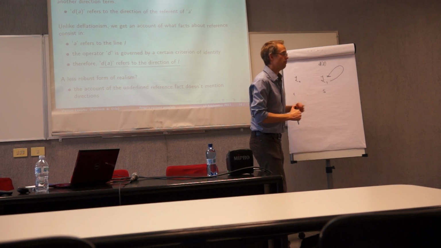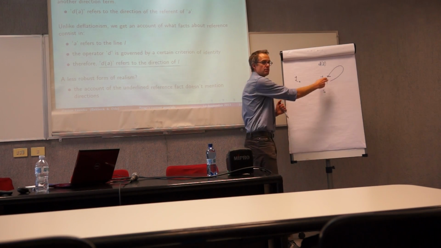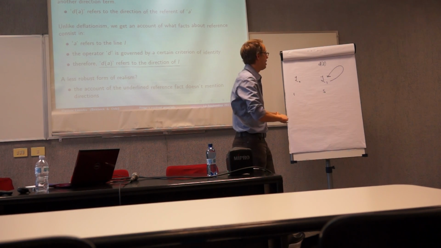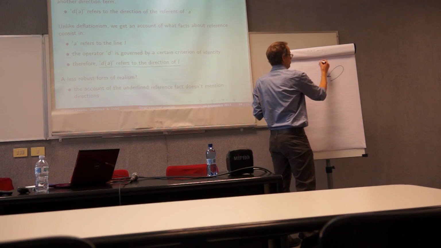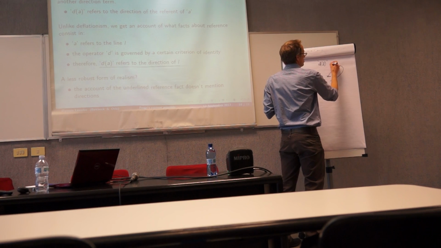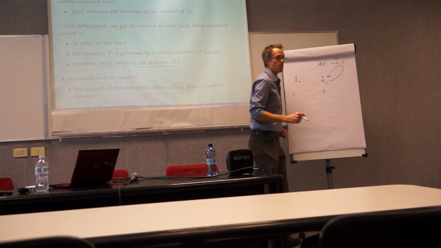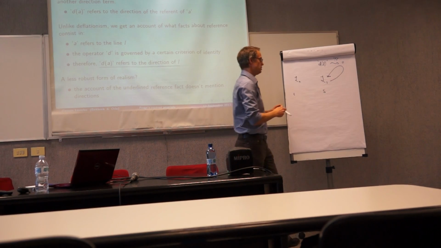And then it's permissible for them to use all the expressive resources of that language, including the direction terms, to say something about that kind of term. Does it refer to some sort of object? And then they can say, well, yes it does.